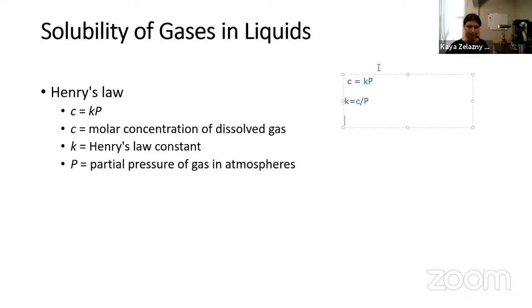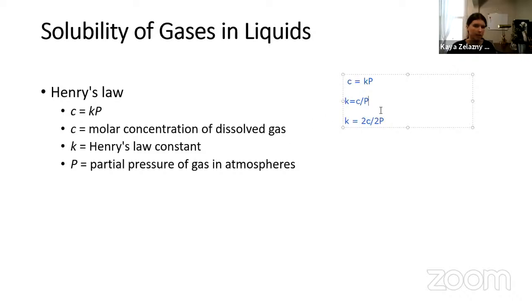We'll also note that you get that same constant, right, if you multiply both the concentration and the pressure by 2. If you divide 2 by 2, it equals 1, so it wouldn't make a difference here. So what we're going to be able to recognize is that if we double the pressure in our gas, in our atmosphere or in our alveolus, we're going to get double the concentration in the liquid.